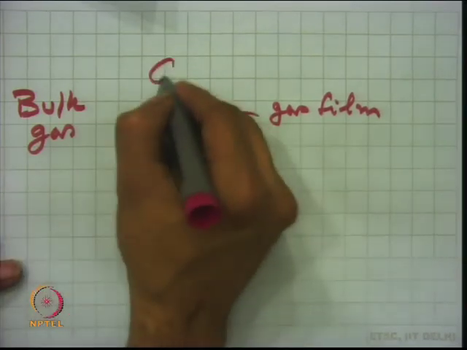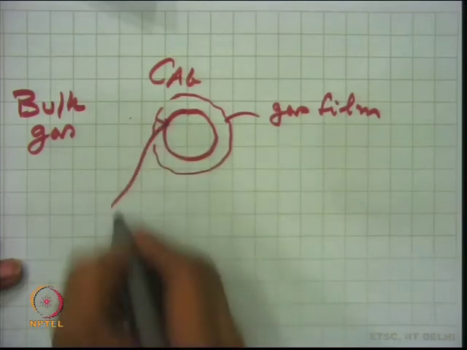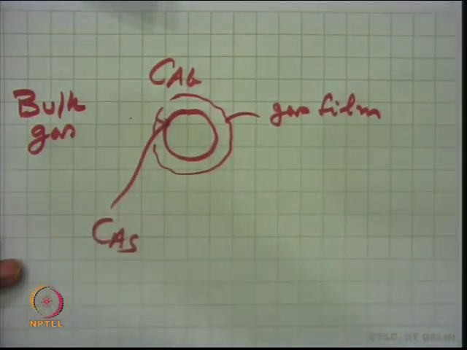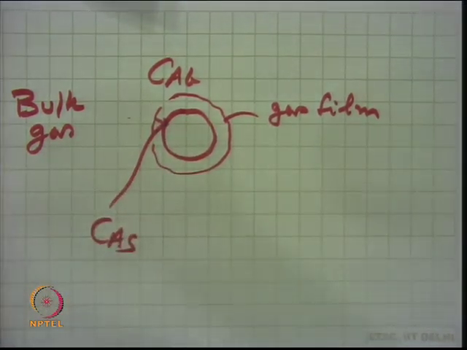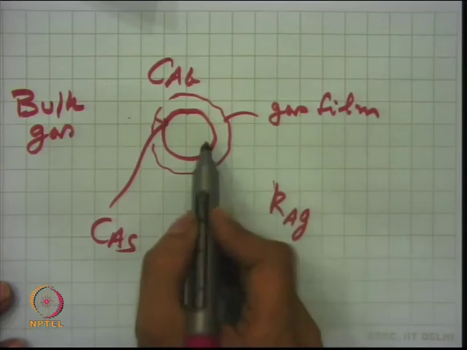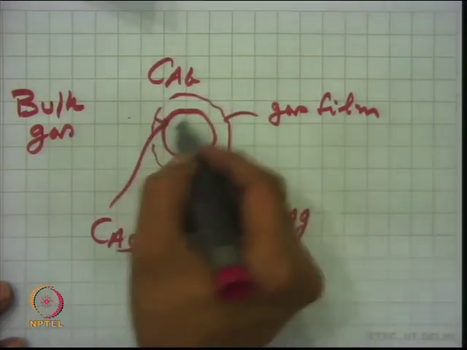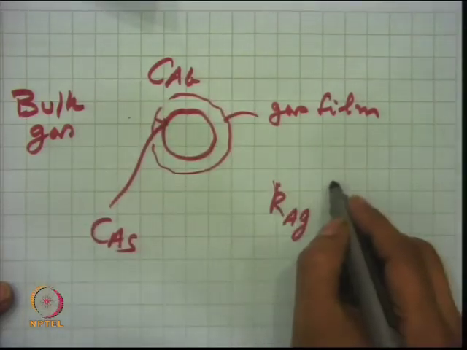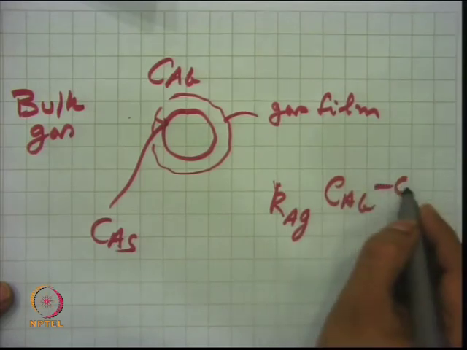If the concentration in the bulk is CaB, at the surface it is CaS. Because of this concentration difference, CaB minus CaS, and the mass transfer coefficient Kag, that is the mass transfer coefficient of A at the surface of the solid, the rate is Kag times (CaB minus CaS).